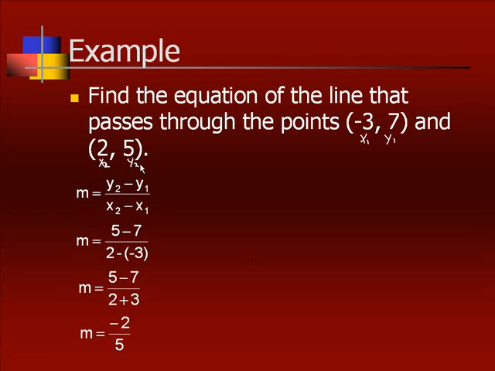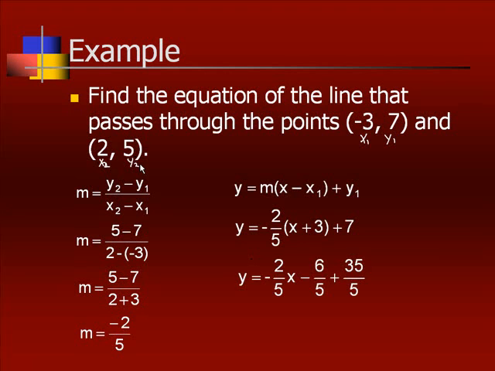Now we may choose either point. I usually just go with the first one, the negative 3, 7. So we get y equals m times x minus x1 plus y1. Plug in slope is negative 2/5. Plug in x1 is negative 3 and y1 is 7. Distribute that out. That's going to be negative 2/5 x minus 6/5 plus 7.